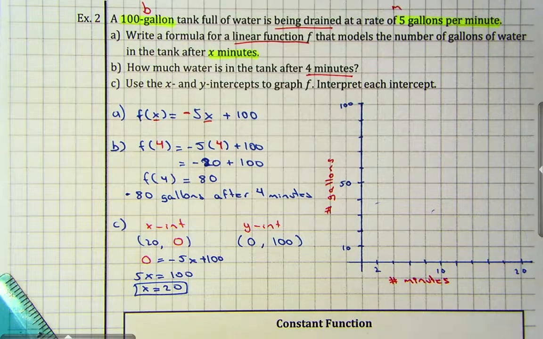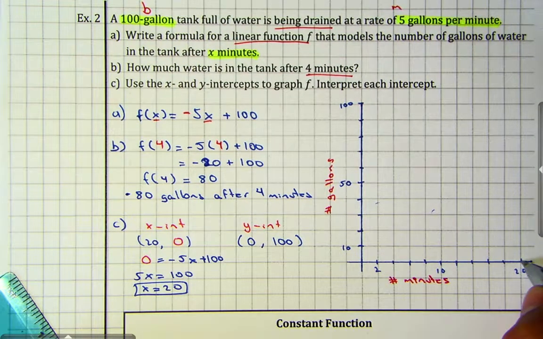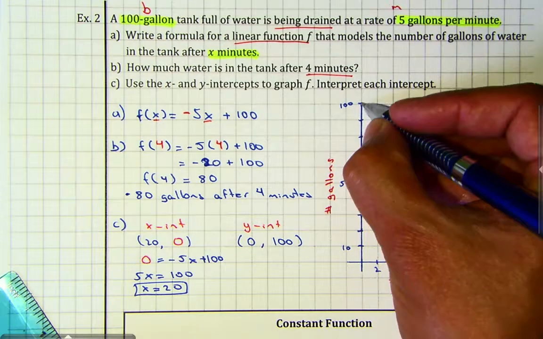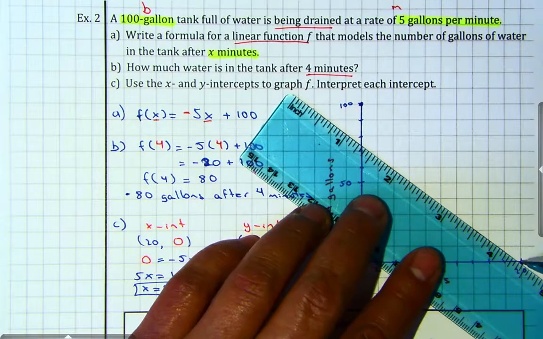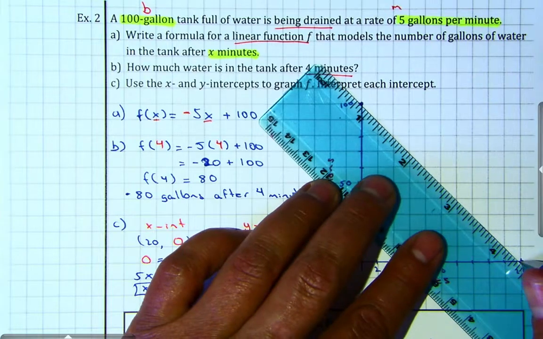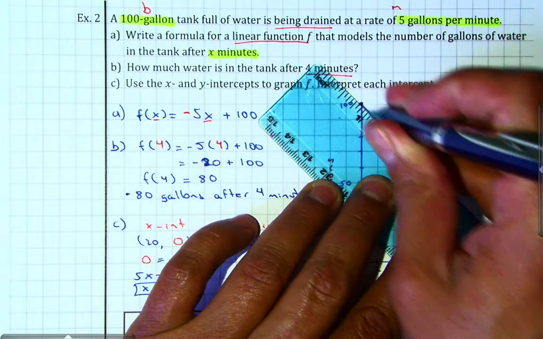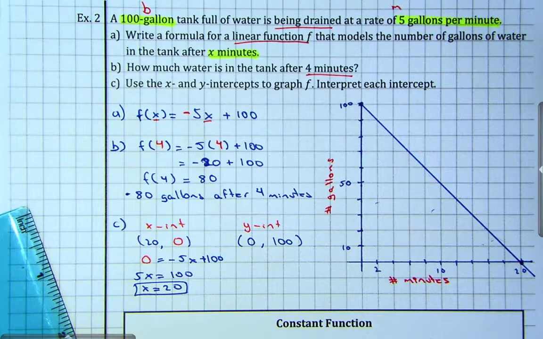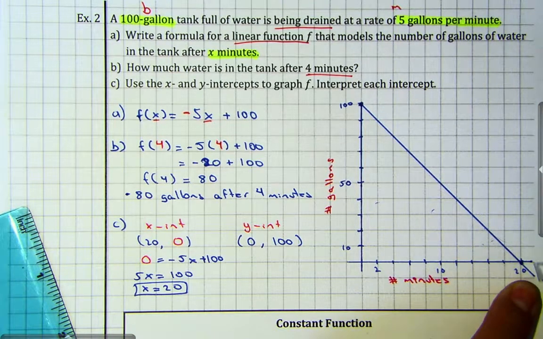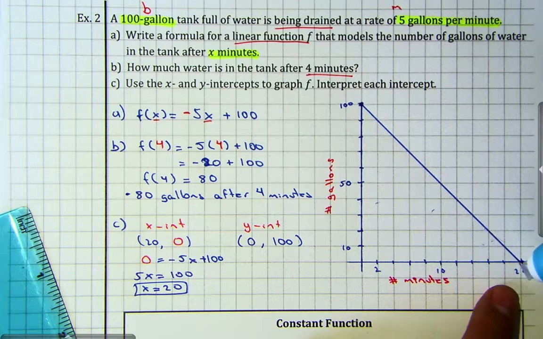Now 20 is your x-intercept, 100 is your y-intercept. If it's a constant speed that you're draining the tank, one of the key things is, can we go beyond or below zero? No, correct? Because you can't have a negative.